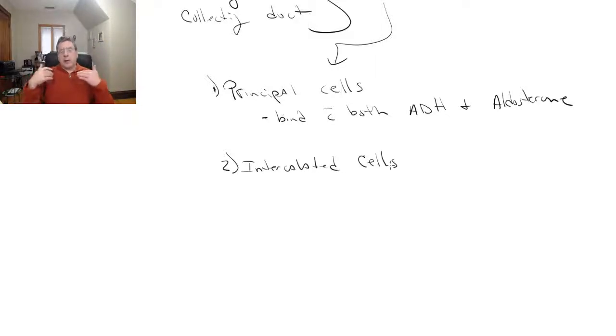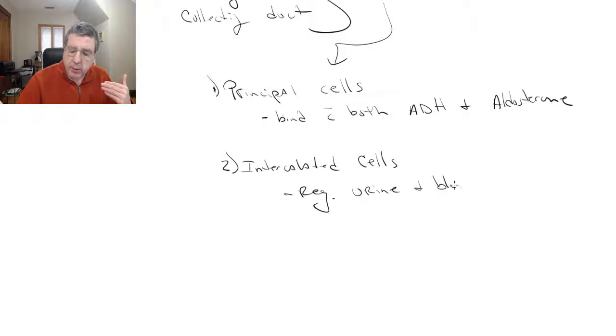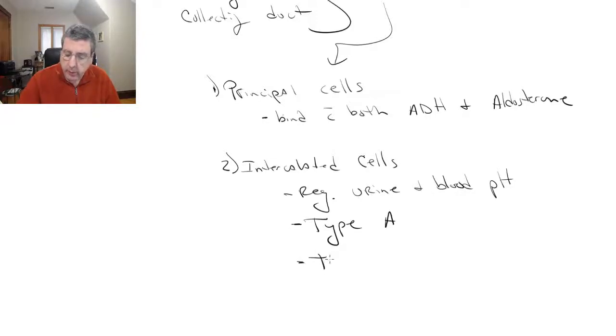And intercalated cells regulate urine and blood pH. Okay? And of the intercalated cells, there's going to be two types of cells. There's type A and type, take a guess, type B. There you go.